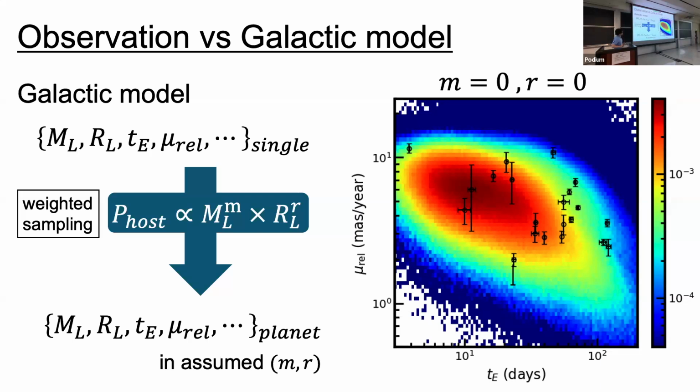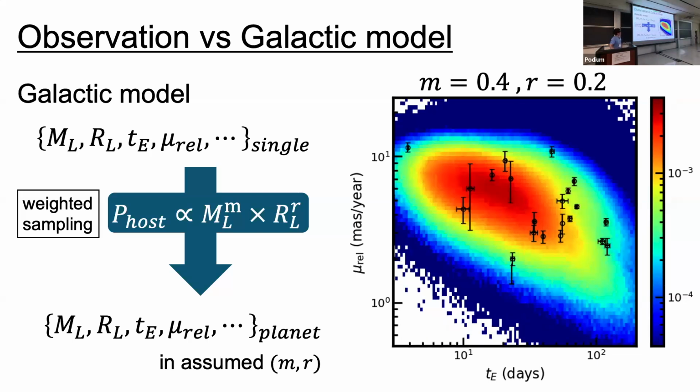Okay, look at this right figure. The black dots show the tE and mu distribution of planetary events from the MOA-II survey, and the color map shows the model predicted distribution under the assumption of m equals 0 and r equals 0. This figure is almost the same, but the color map shows the model predicted distribution under the assumption of m equals 0.4 and r equals 0.2.